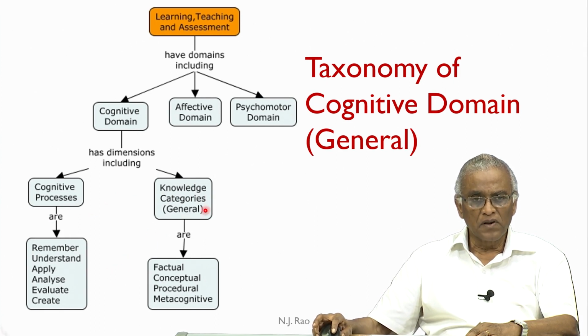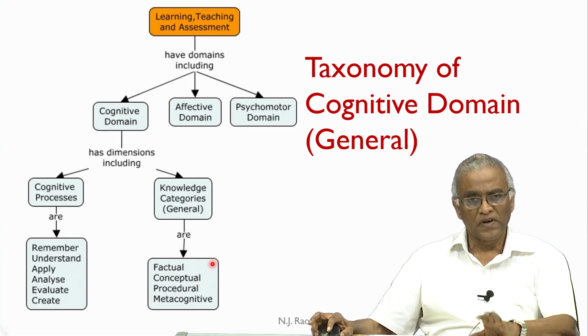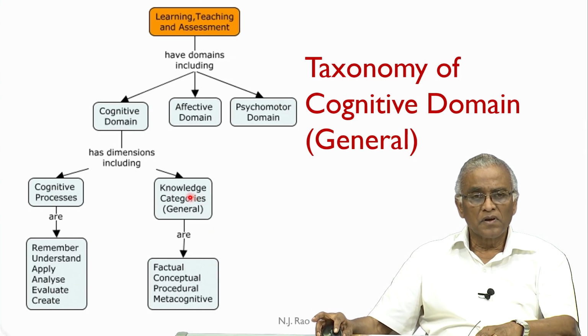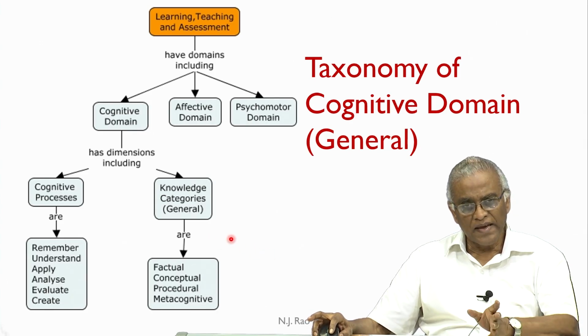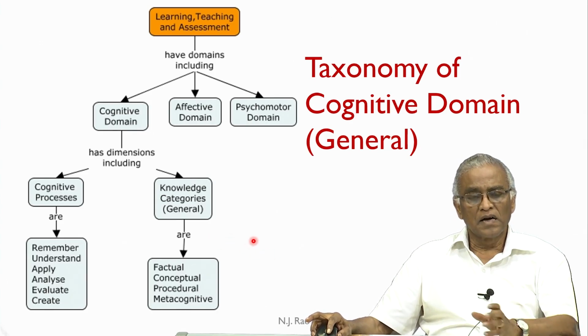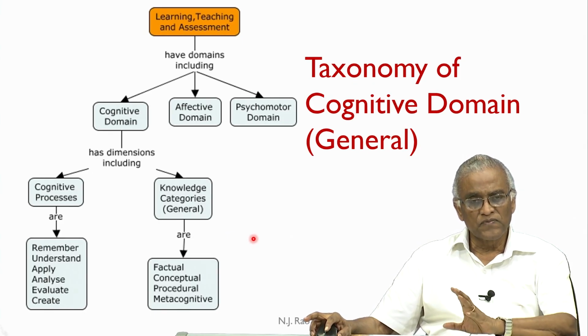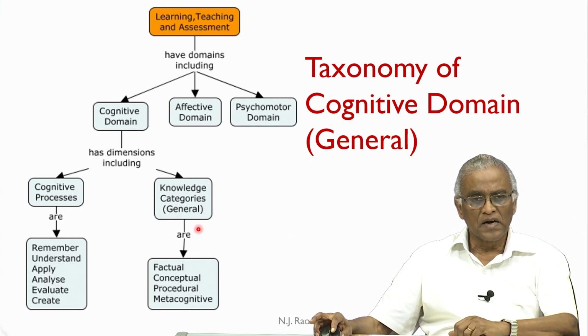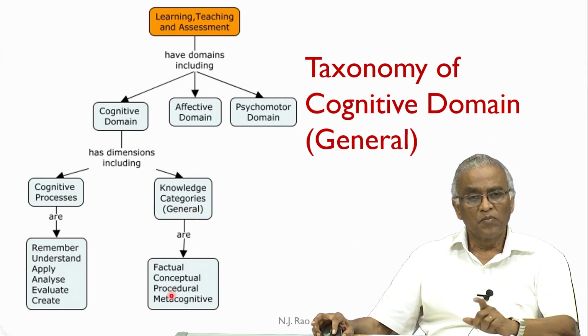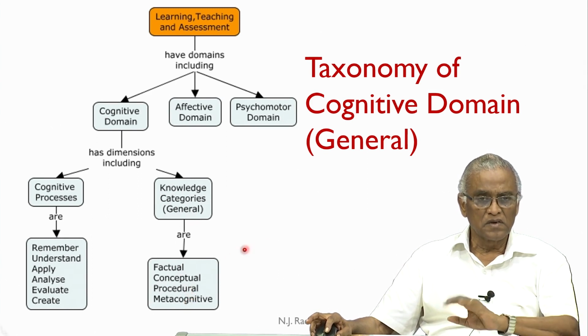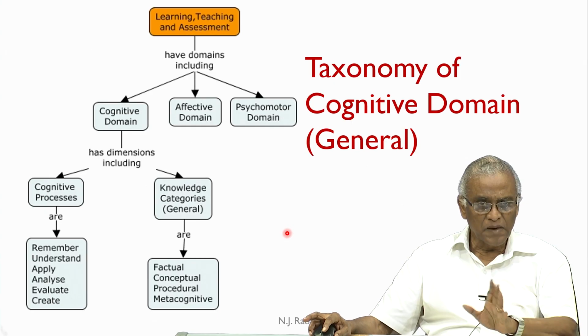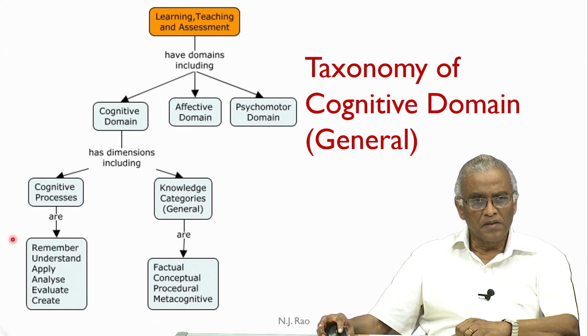And why we called it general, these four categories of knowledge are considered common across all types of activities, but I can have additional categories of knowledge in subjects like engineering, because there are in fact other categories of knowledge which are specific to engineering. As we are not dealing with that, we call them general categories, but these four categories are common to any subject of concern. And then the cognitive processes are the six.